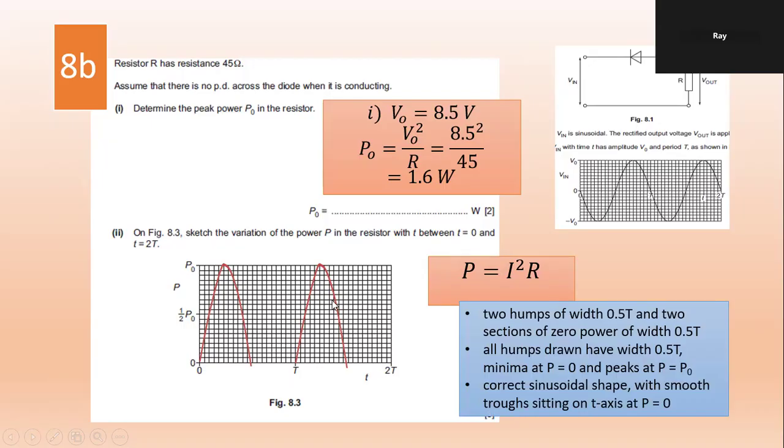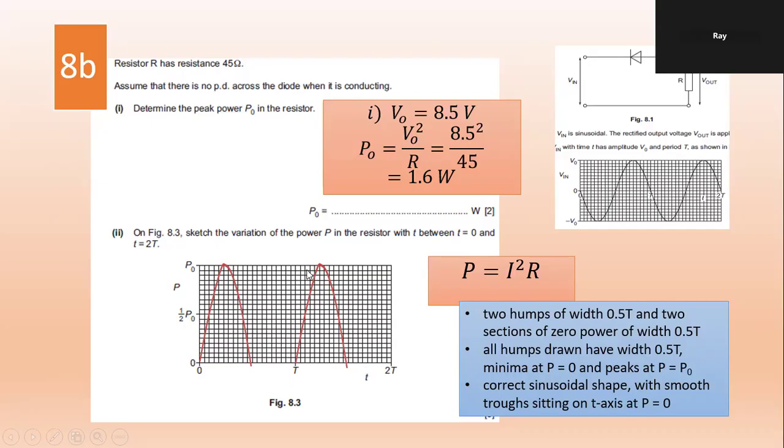And thus I got 2 humps of width 0.5 and 2 sections of 0 of width 0.5. That's your 0. As long as you get that 1 mark there, all the humps drawn having a width of 0.5, minimum at P equals 0, and peak at P equals P naught.